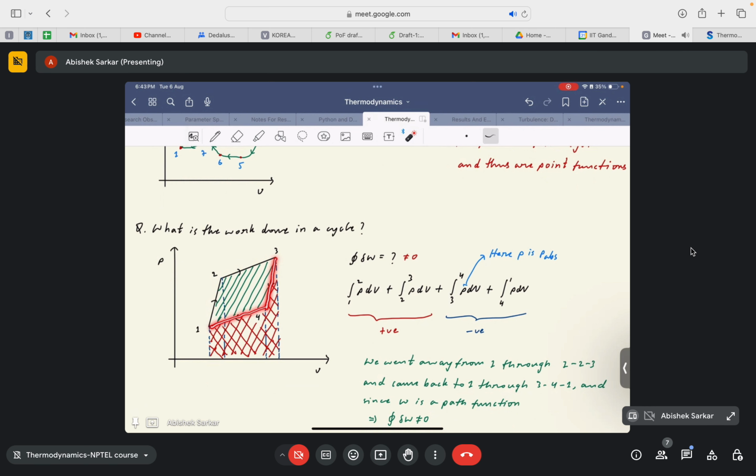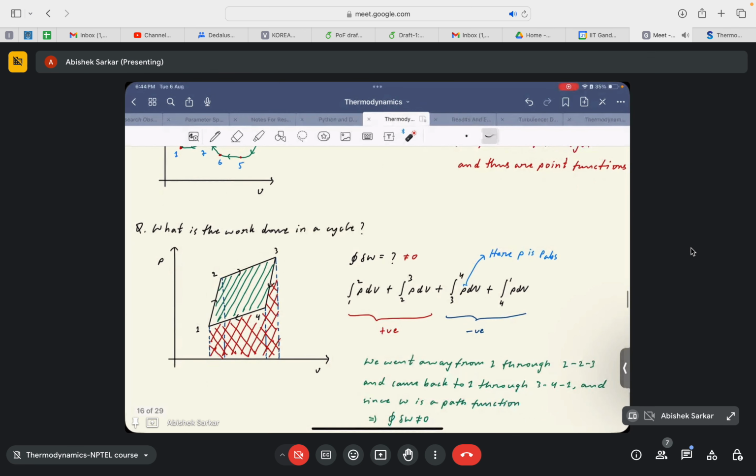Since the area under these two curves, that is from 1 to 3 and 3 to 1, are different, it will have a net work interaction, that is the area enclosed within this cycle, which in turn gives us the net work done.